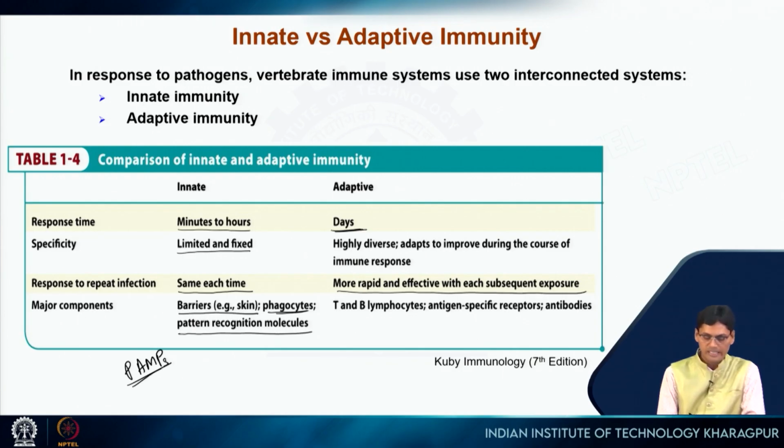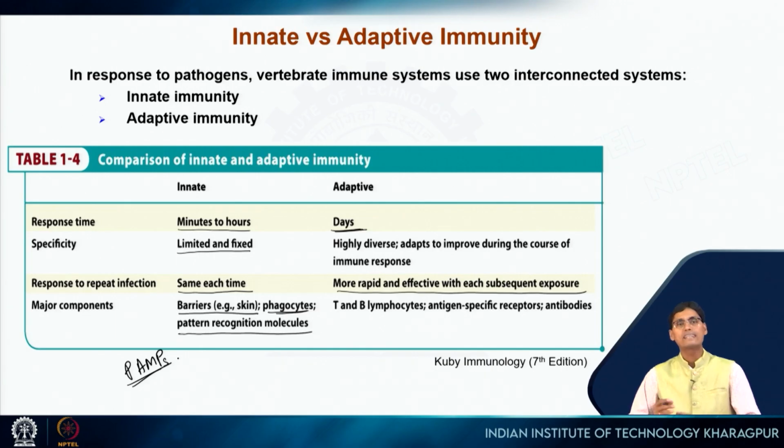This is a kind of group name, not a specific name. Pathogen associated molecular pattern, PAMP, can be recognized by pattern recognition receptors present on our immune cells. In case of the adaptive immune system, as you can see, mostly T and B lymphocytes, commonly we say T cell and B cell, are the major components of our adaptive immune system.